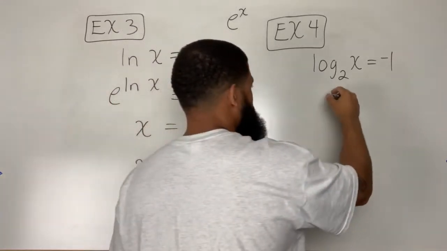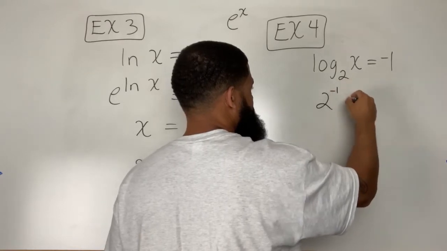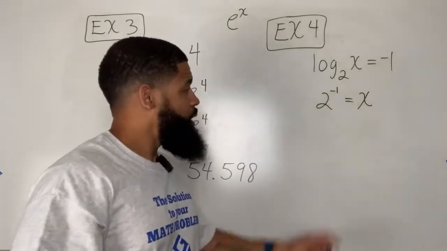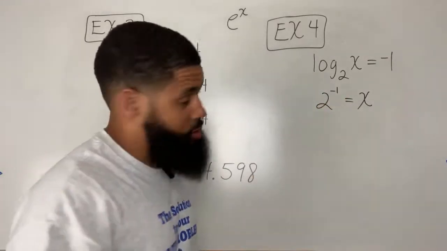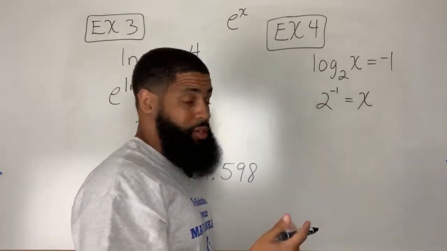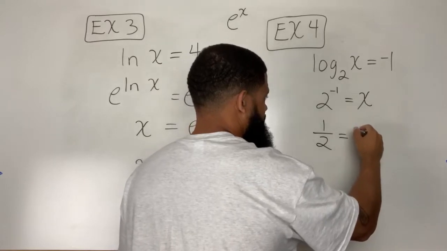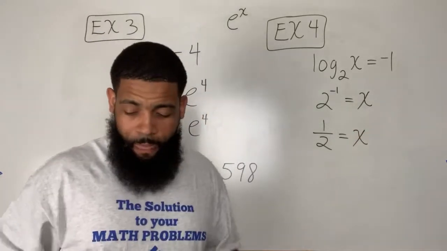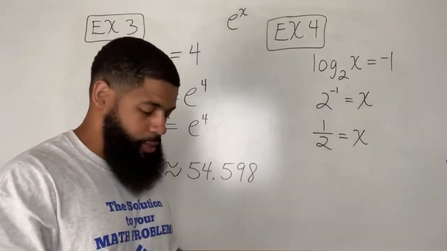Okay, so what that says is this base 2 raised to the -1 power equals x. Okay, and now that we have it like this, now we can work on this. So we want to think about it. 2 to the -1 power is actually 1/2. So we can calculate that, and 1/2 equals x. All right, so that one was a rather easy example.